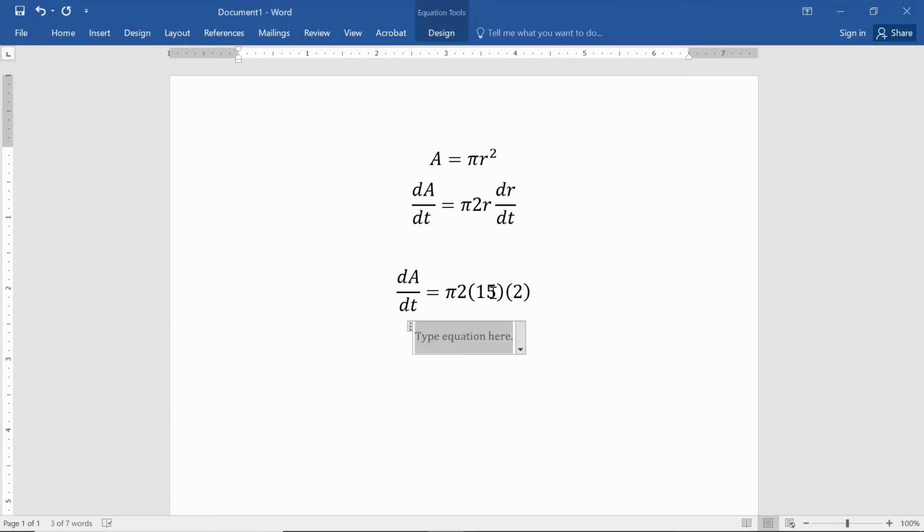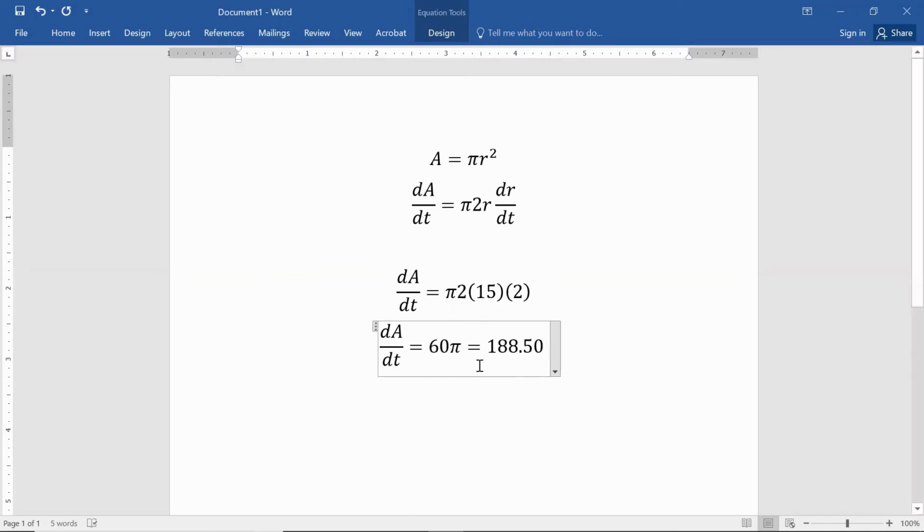That means the rate of change of the area is going to be 60 times pi, or if you wanted to give an approximate and round that number to a few decimal places, about 188.50 is your rate of change.